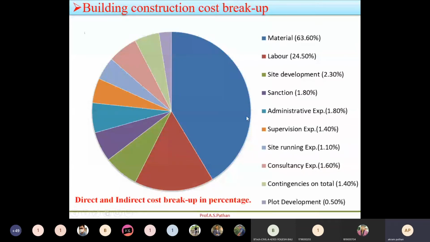And if you are in the construction department, then we have to think about and develop certain construction technology to minimize the labor and the material cost and all other amenities required, to optimize the net benefit, which is the total construction cost. So this slide will give us an idea about how to minimize the total construction cost, right?